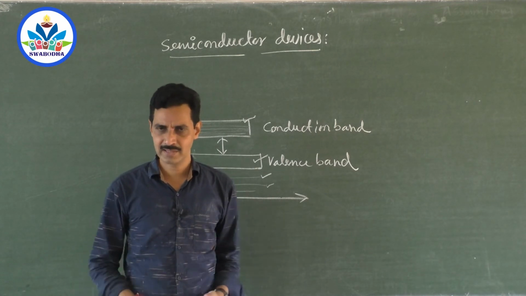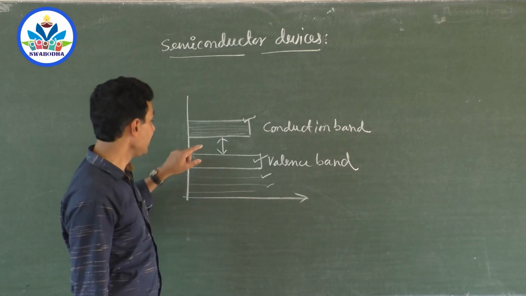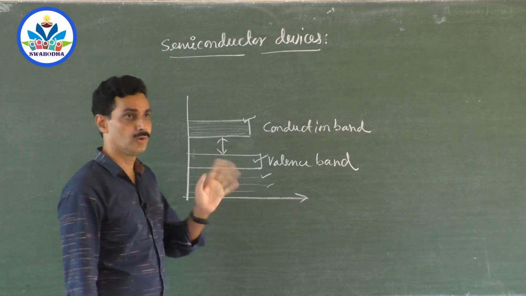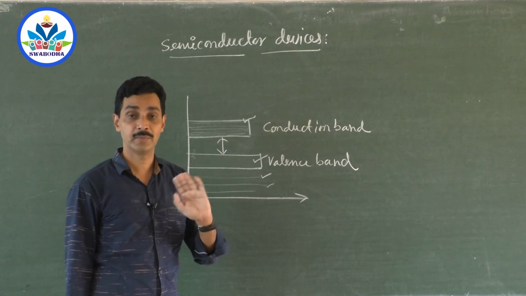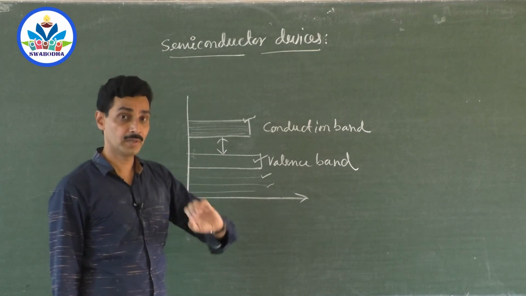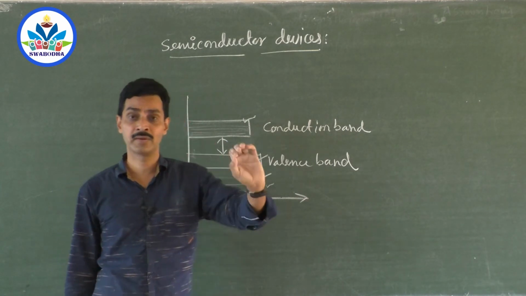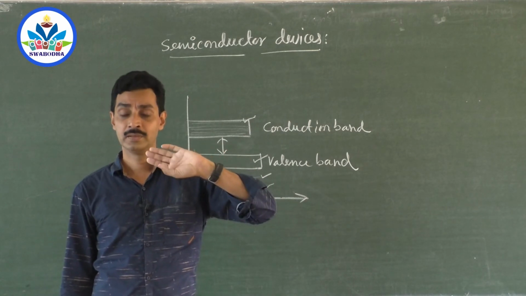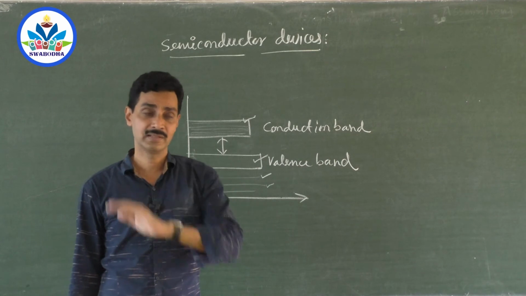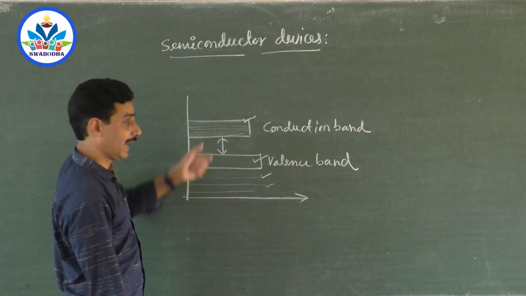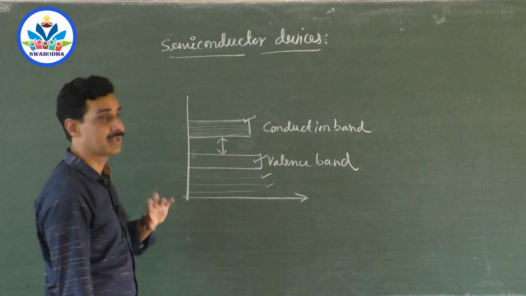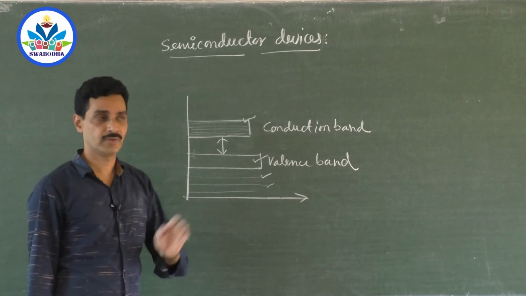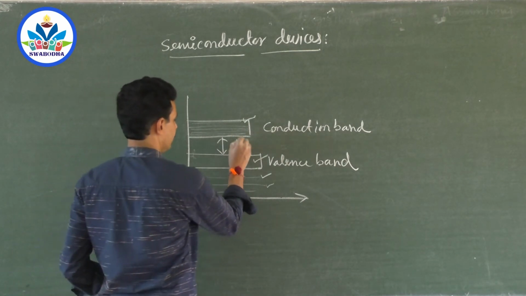So certain conditions have to be satisfied. So you can assign some energies here, but there are no electrons found which can absorb that energy. Electrons can absorb energy and revolve around the nucleus in a particular orbit where the angular momentum must be equal to nh by 2 pi. And this gap where no electrons are found is called the energy gap.